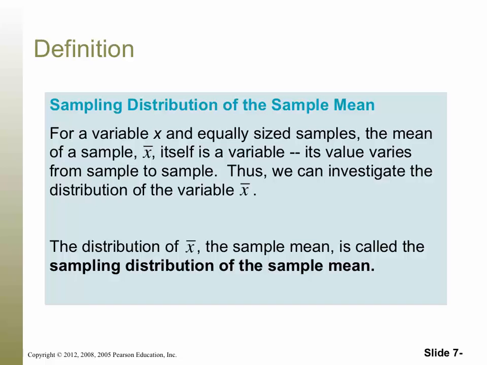Okay, so here's a summary for variable x and equally sized samples. The mean of a sample is itself a variable. X bar is itself a variable. Its value varies from sample to sample. Take one sample, you get a certain mean. Take another sample, the mean will be different, right? Thus, we can investigate the distribution of the variable x bar.